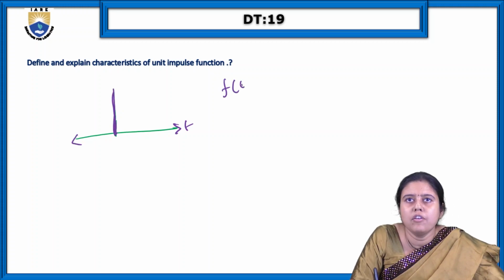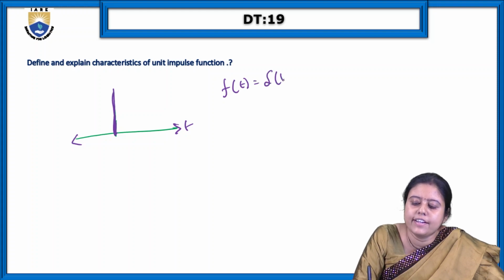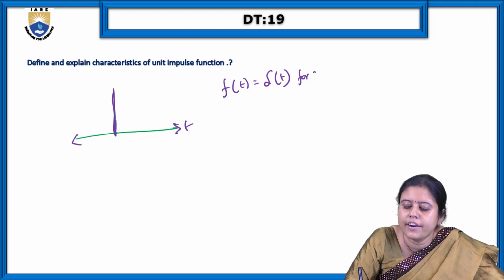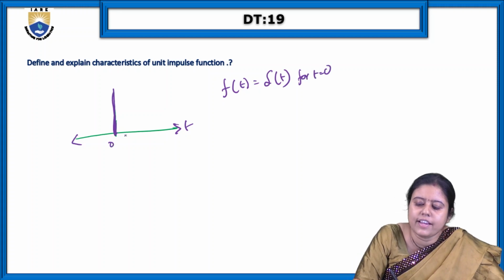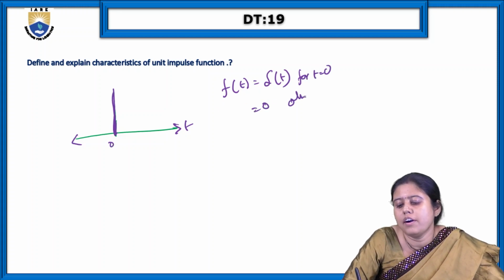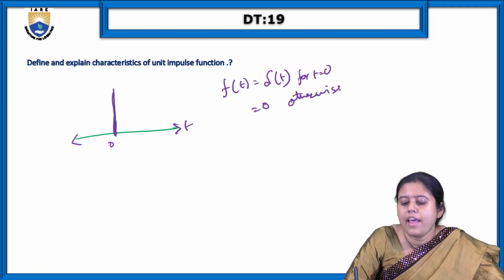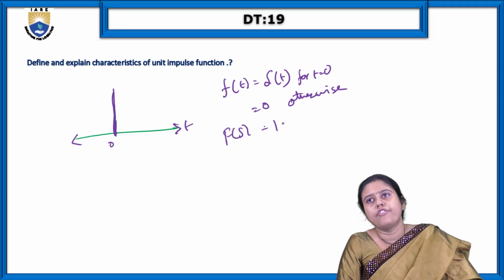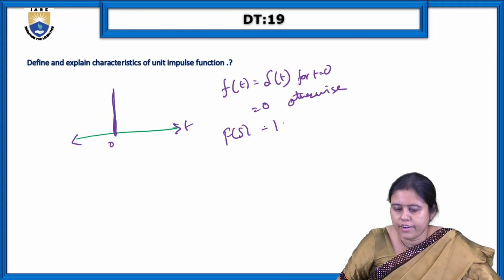So f(t) is equal to delta t. The function has a very big value at t equal to 0 for one instant, otherwise 0. And what is the value of F(s)? F(s) is equal to 1 for a unit impulse function.